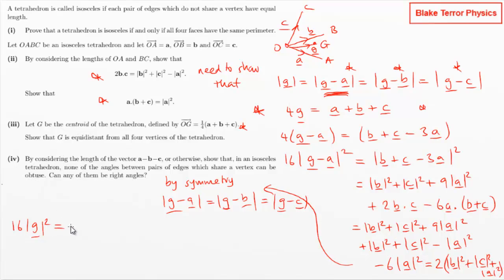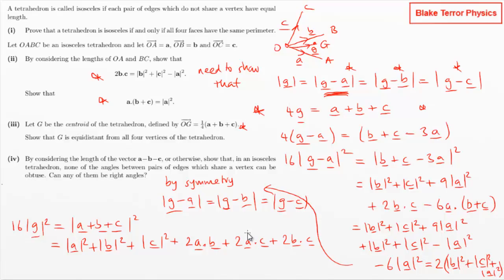So that is going to be mod A plus B plus C squared. So I've got mod A squared plus mod B squared plus mod C squared, and then I'm going to have 2 lots of each combo: A dot B plus A dot C plus B dot C.